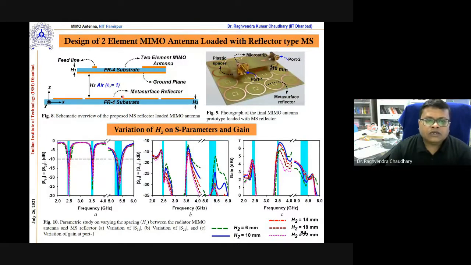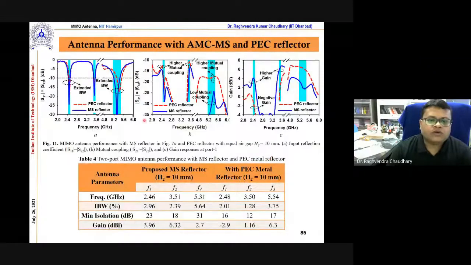We optimized certain parameters, and finally we have gain of more than 4 dBi, and the bandwidth is also somewhat improved with this AMC metasurface and PEC reflector.